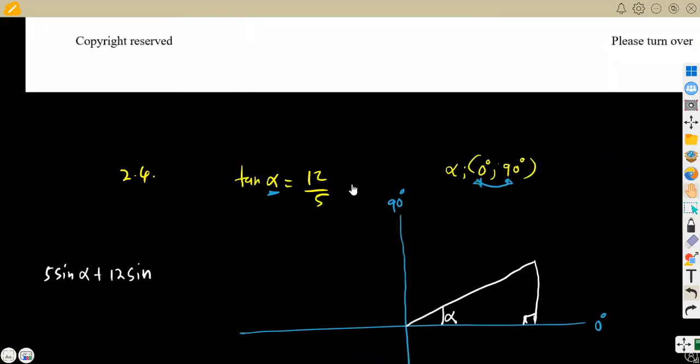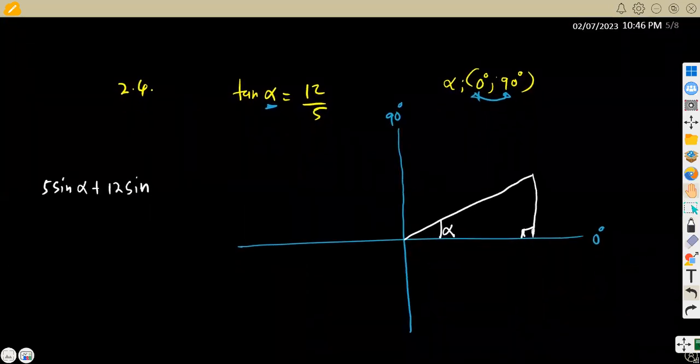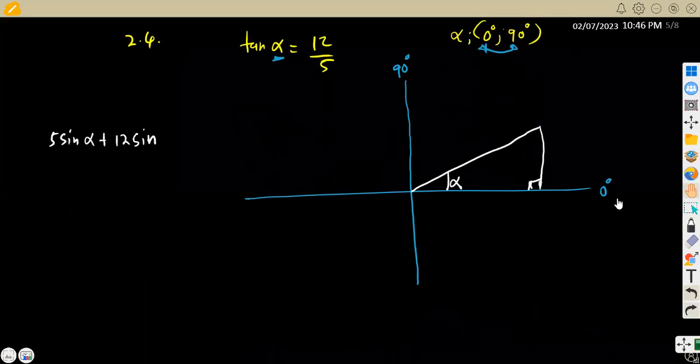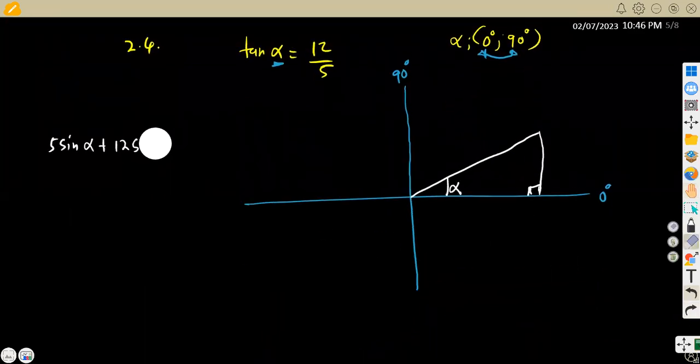That's a cos. So this is 12 cos alpha. You are supposed to indicate on your diagram so that we can find the corresponding ratio for sine and for cos.